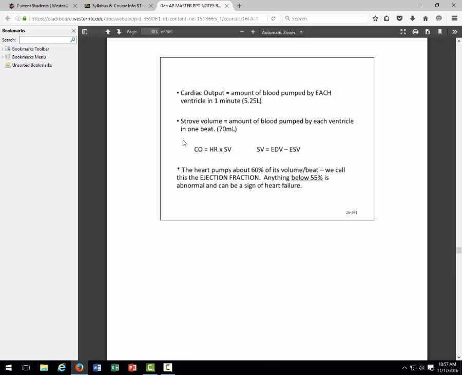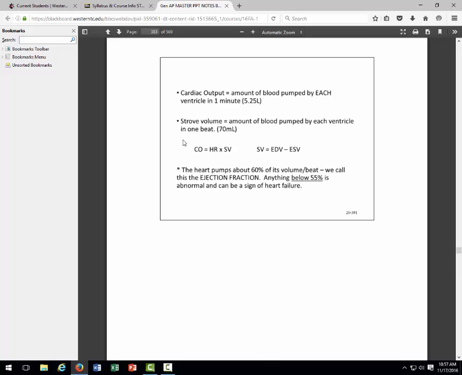So we have something called end diastolic volume and end systolic volume. End diastolic volume is how much is in that heart when it's relaxed at the end of filling. So when it's all relaxed, before it contracts, how much is in there? And it's about 120 mils.